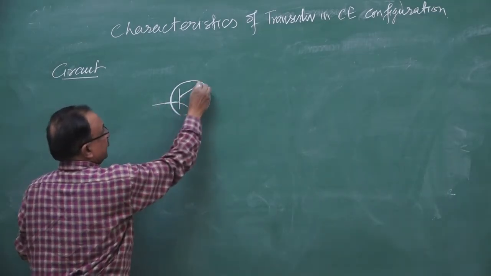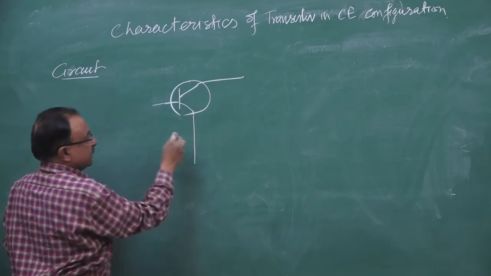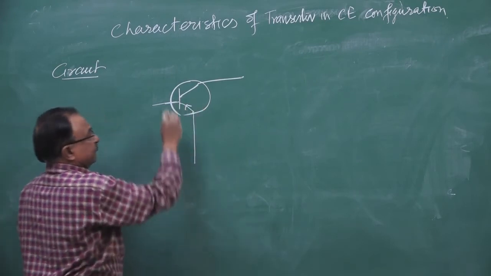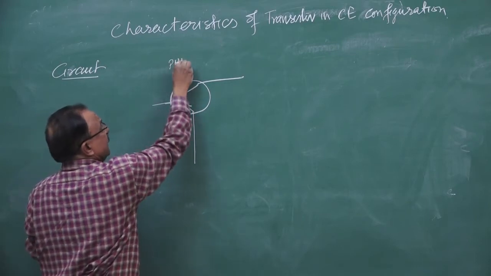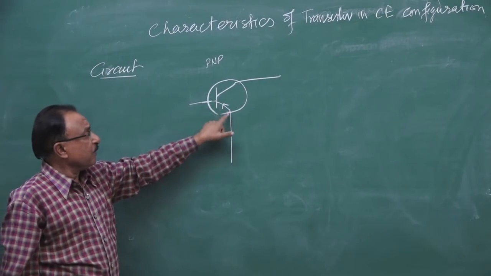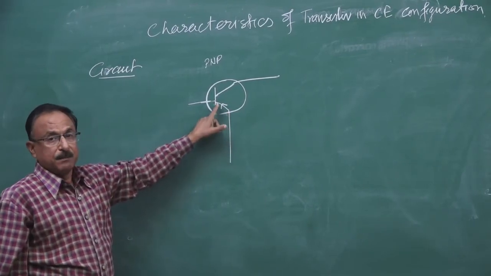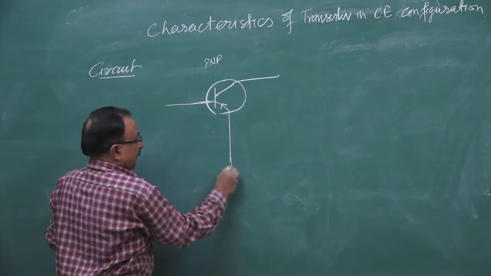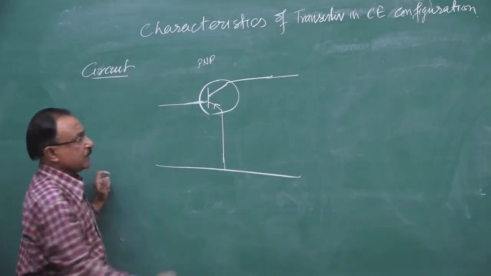This is base, this is collector, this is emitter. Say I make it PNP. How do you know it is PNP? The arrow going inward from emitter to base means it is PNP. This is the common emitter configuration.